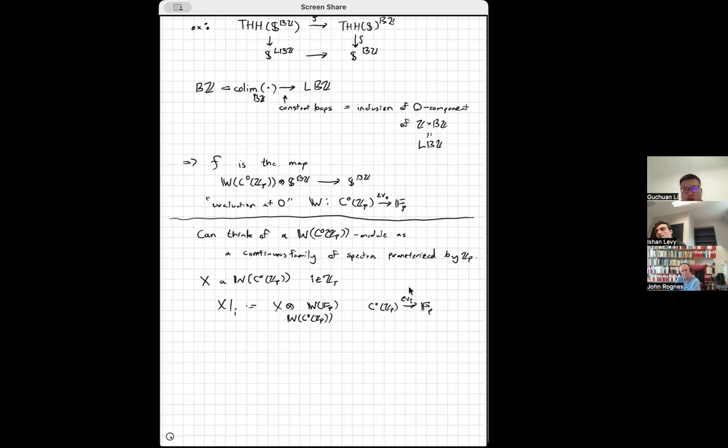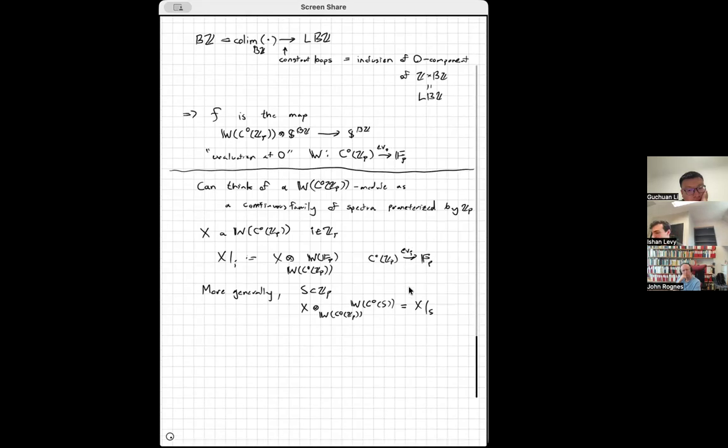More generally, if you have some subset S of Z_p, then you can look at X tensored over the spherical Witt vectors of continuous functions on Z_p, mapping to the spherical Witt vectors of continuous functions on S, and I'm just going to denote that by X restricted to S. So it doesn't have to just be a single point, but it could be many points of Z_p.